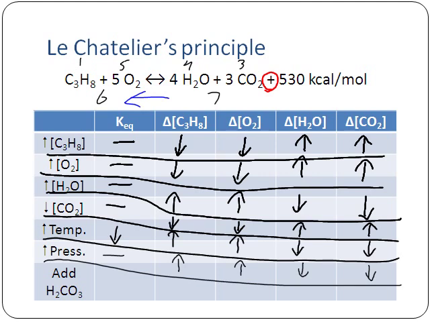Now, our last case. We're going to add H2CO3 to this particular reaction here. Now, if we add H2CO3, we look at this and say, well, wait a minute, there's no H2CO3 in this reaction. So what good will that do? Well, we've talked about H2CO3 before.